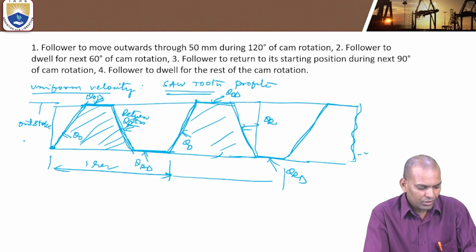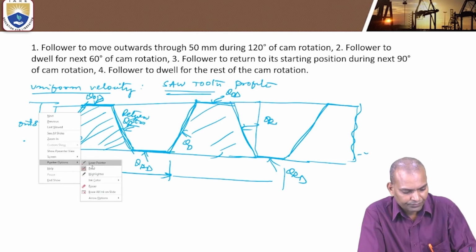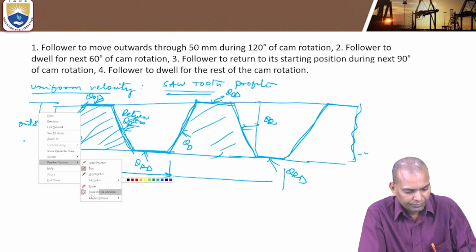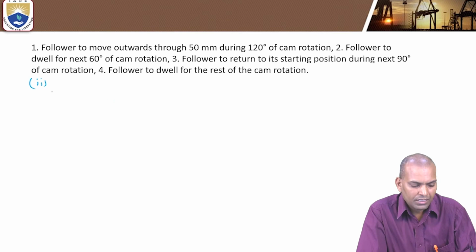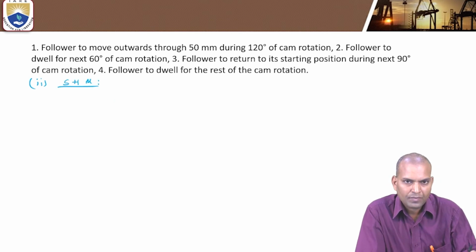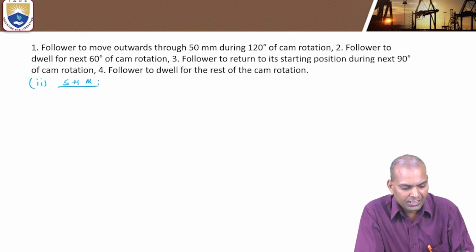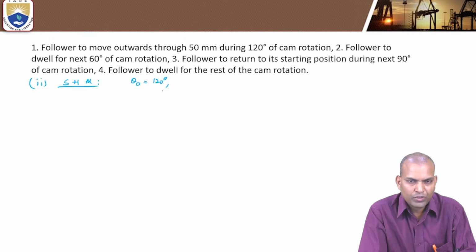Now, we studied only one case. Second case, when the follower is under simple harmonic motion. Again, time scale: theta O equal to 120 degrees. The scale is 20 degrees equal to 1 centimeter.